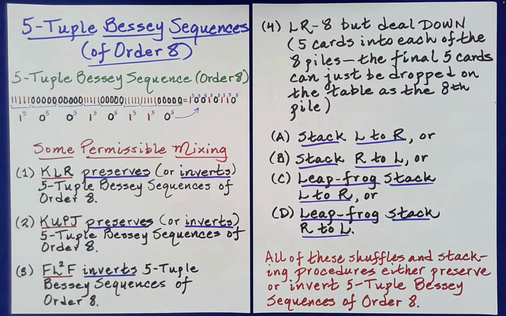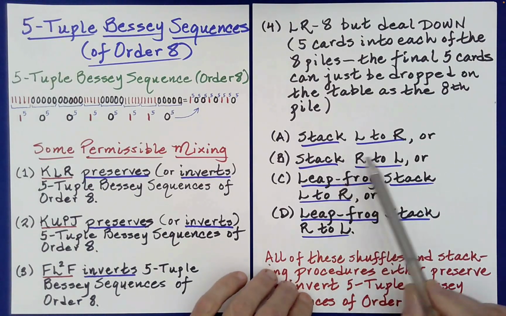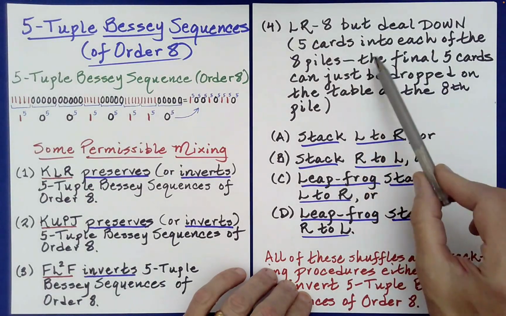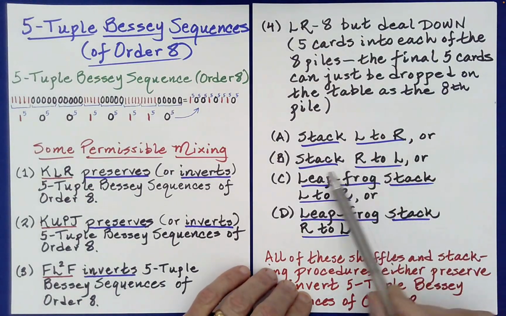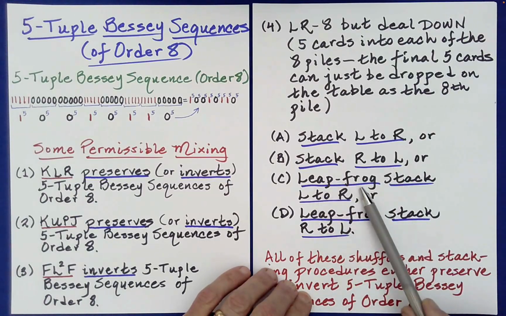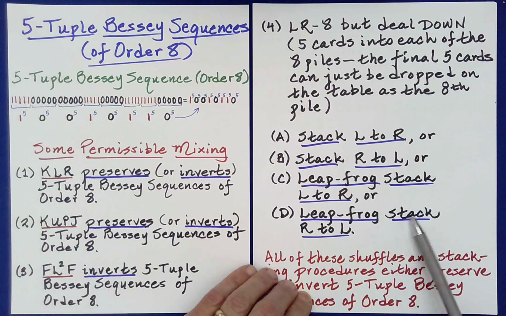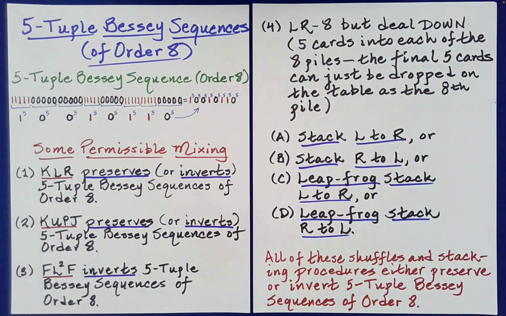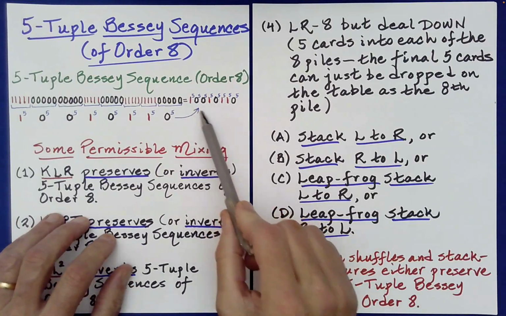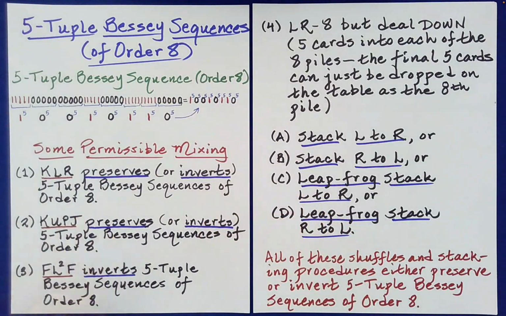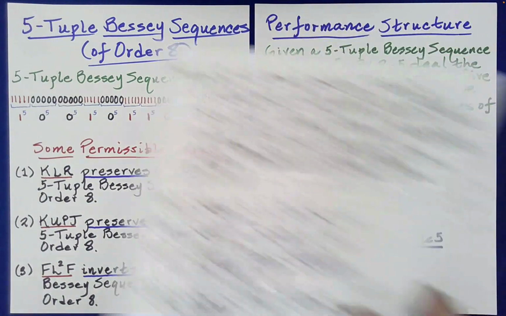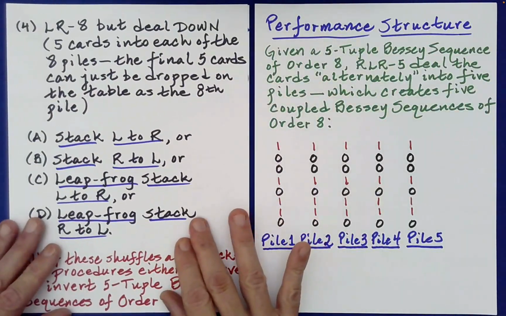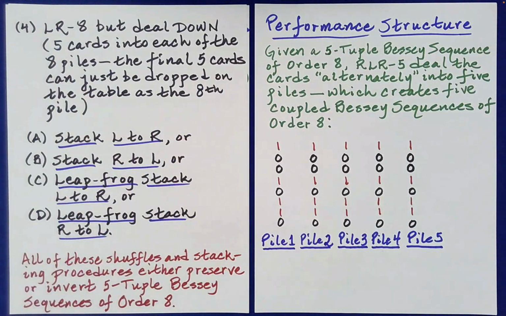Well, because of the invariance of the Bessey structure relative to so many shuffles out there, once you've done that, you can actually stack those piles of 5 cards each from left to right, or right to left, or leapfrog stacking from left to right, or right to left. And all of those will either preserve this exact structure or invert it. And that's what I have right here. So now you can see where I got confused on the 5 cards there at the very end. It's supposed to be 4.